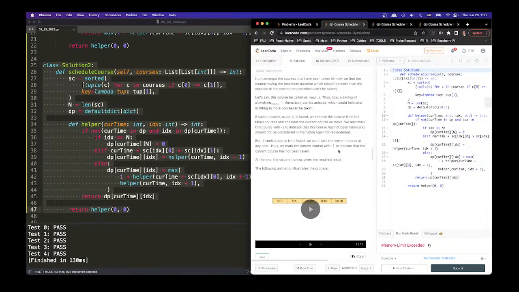If we find something that's smaller, then we put that one in, and we indicate that one has been taken. And then we just skip the ones in the middle. Yeah, I think that's what it means.